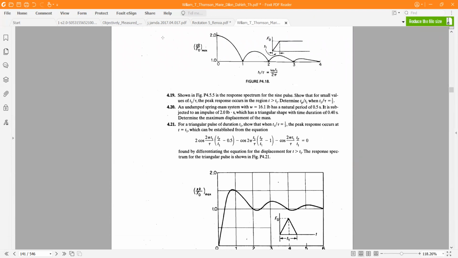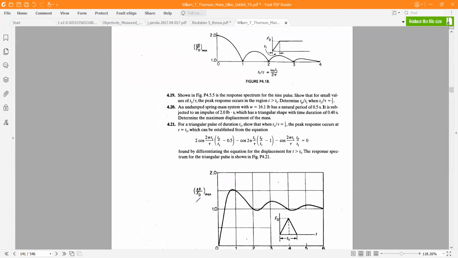In problem 4.21, it's given that for a triangular pulse of duration t1, show that when t1 over tau is equal to half, the peak response occurs at t equal to t1, which can be established from the equation 2 cos 2 pi t1 over tau times (tp over t1 minus 0.5) minus cos 2 pi t1 over tau times (tp over t1 minus 1) minus cos 2 pi t1 over tau multiplied by tp over t1 is equal to 0.